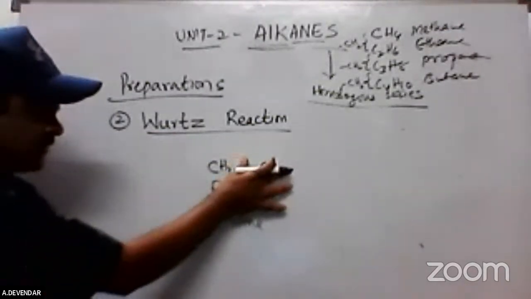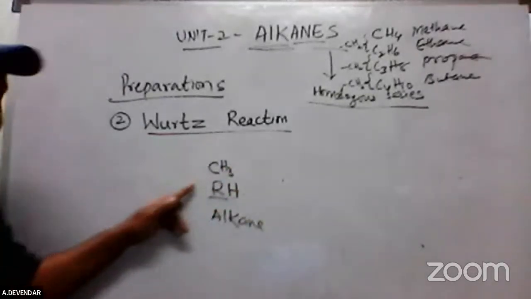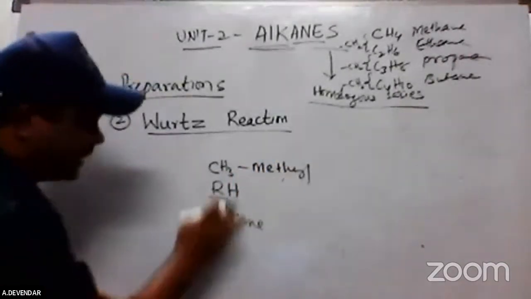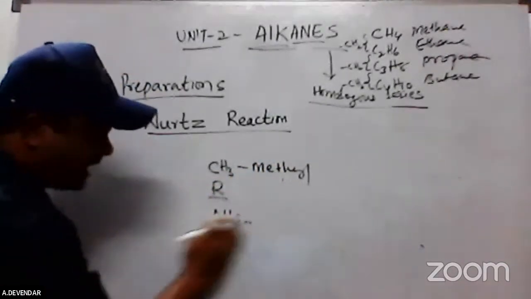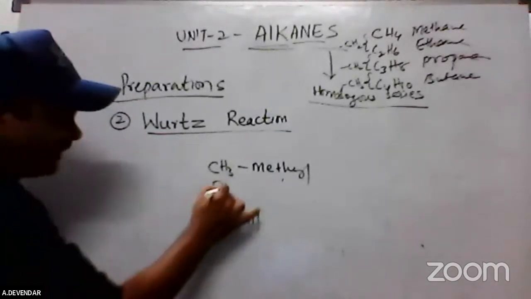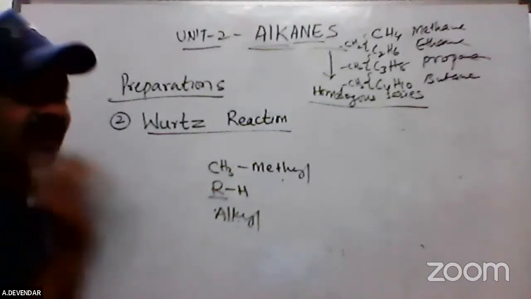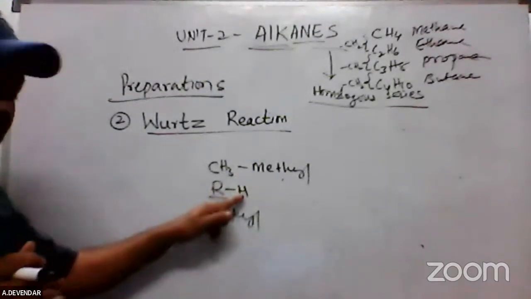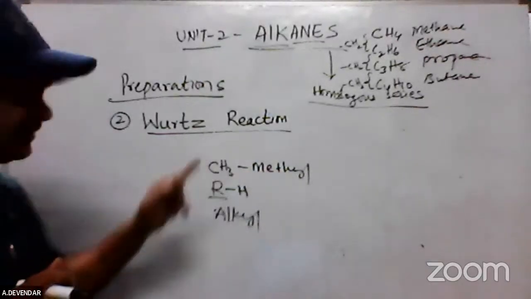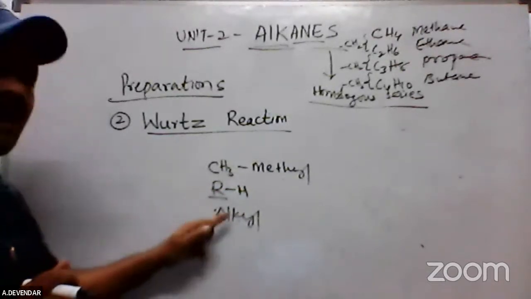Once you remove one hydrogen from methane, it is called methyl. Removing one hydrogen atom from an alkane, a saturated hydrocarbon, gives alkyl.